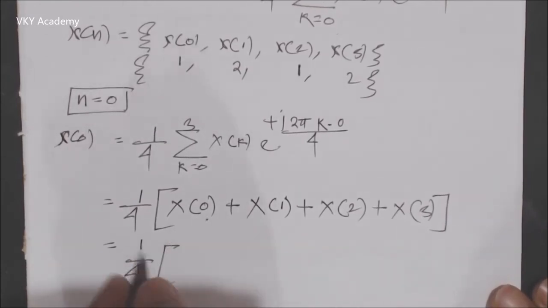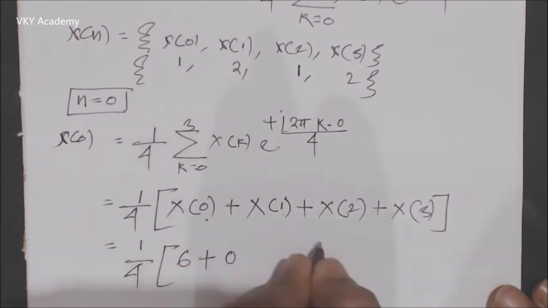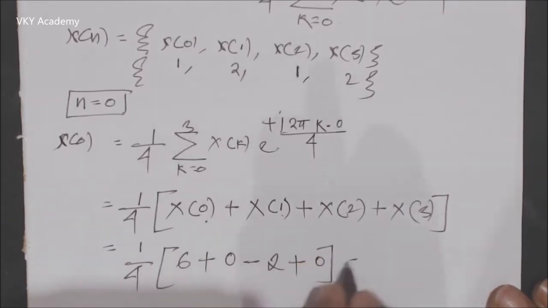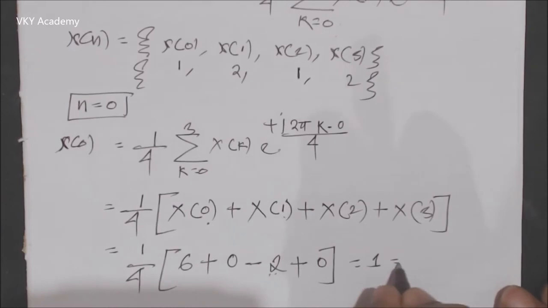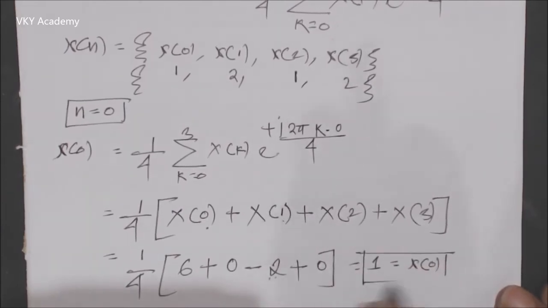Capital X of 0 is 6, capital X of 1 is 0, then this will be minus 2, and finally X of 3 is 0. So it is 6 minus 2 is 4, 4 upon 4 is 1, which is my first discrete time sample.